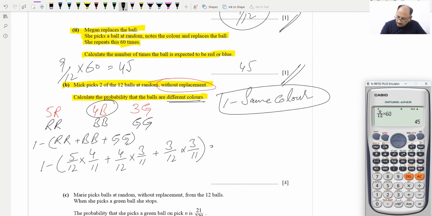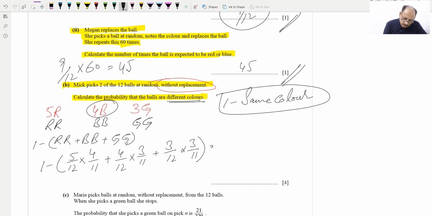We can calculate this, and this will be 1 minus, in brackets, 5 over 12 multiplied by 4 over 11, plus 4 over 12 multiplied by 3 over 11, and next plus 3 over 12 and multiplication should be 2.